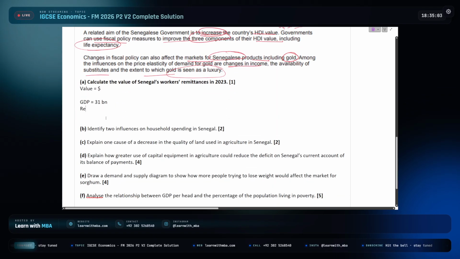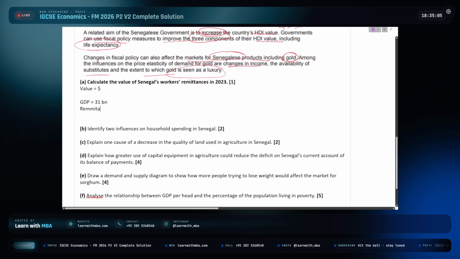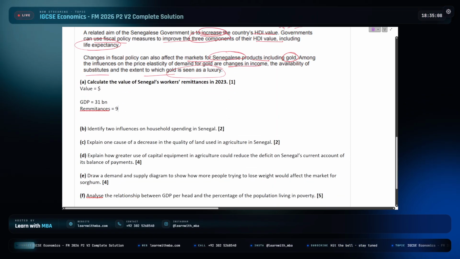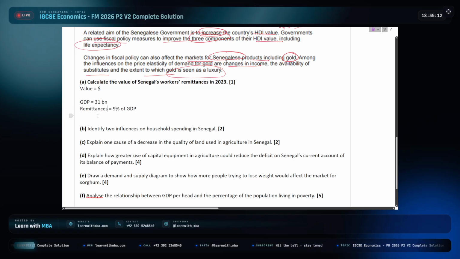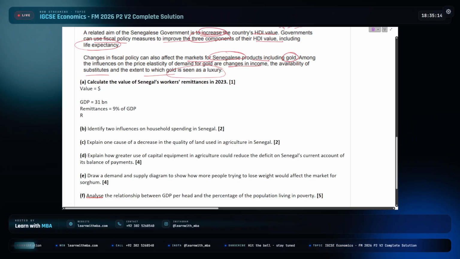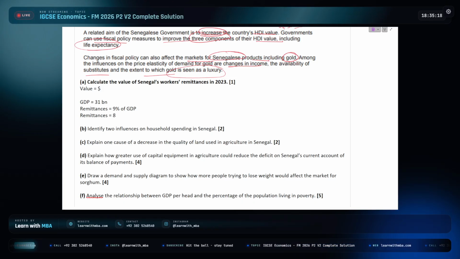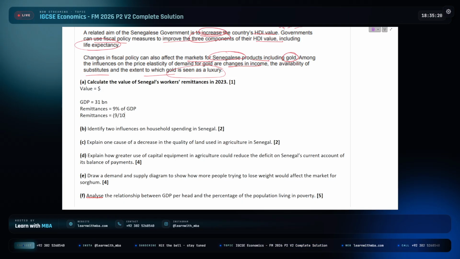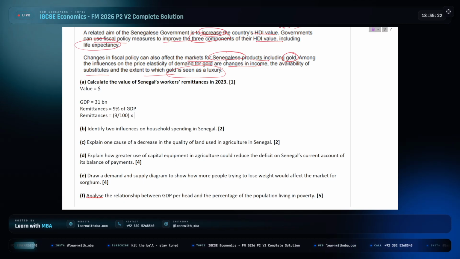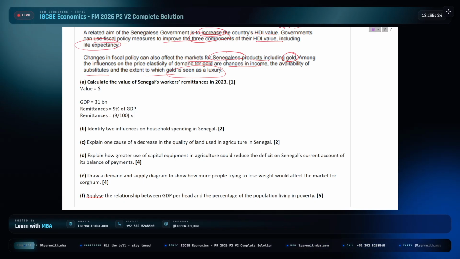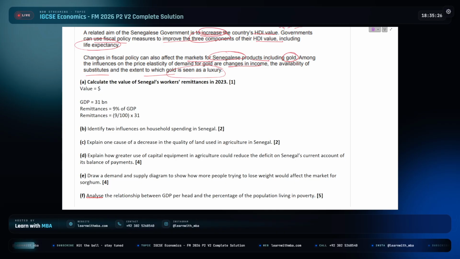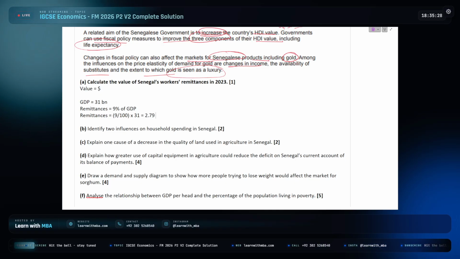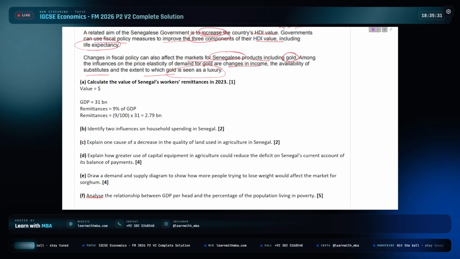Okay. So then we have the remittances. Remittances are 9% of GDP. Understood? So 9% of GDP means that their remittances are 9 upon 100. So you'll do 9 upon 100 and multiply that by 31 billion. So you get $2.79 billion, right?